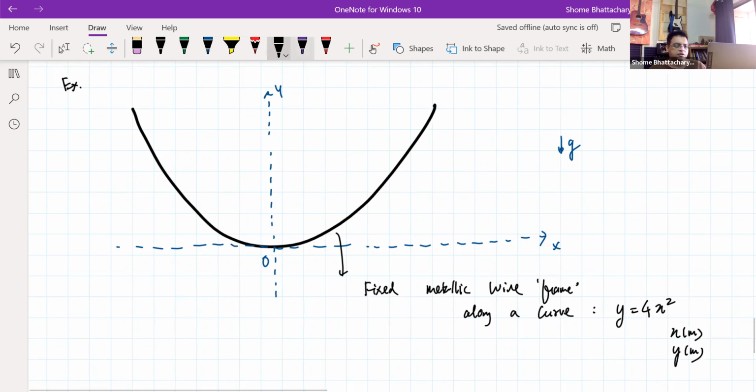So it's shaped like this. Now we have a ring that can slip without any friction acting on it, initially at the point A, released from rest.